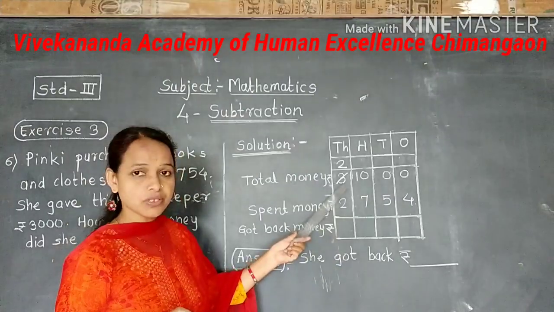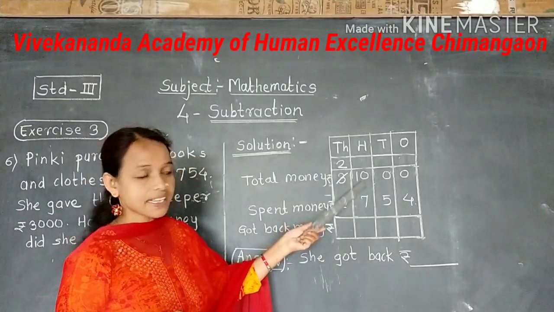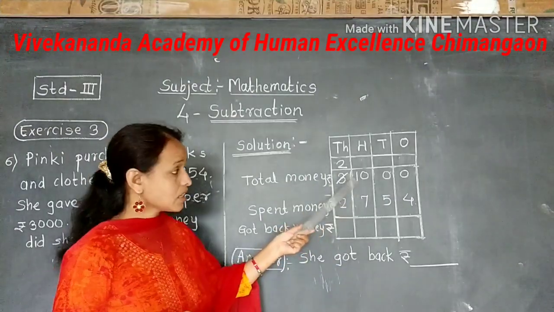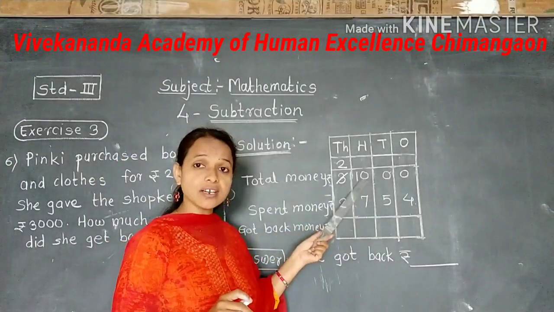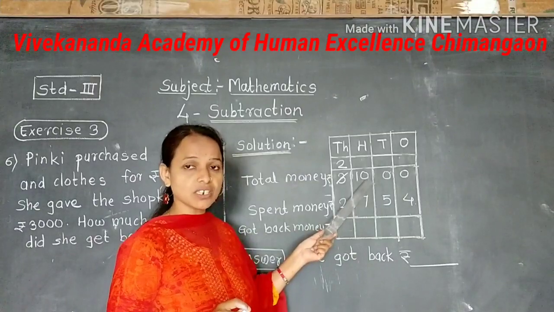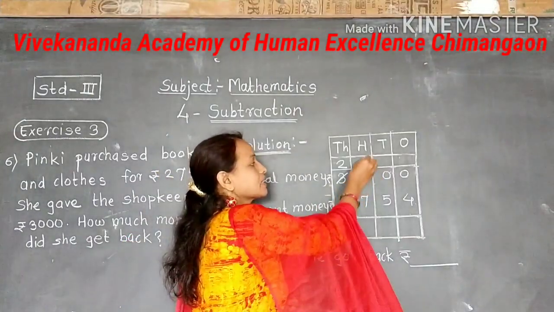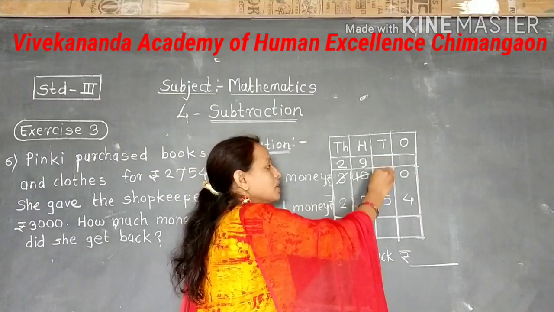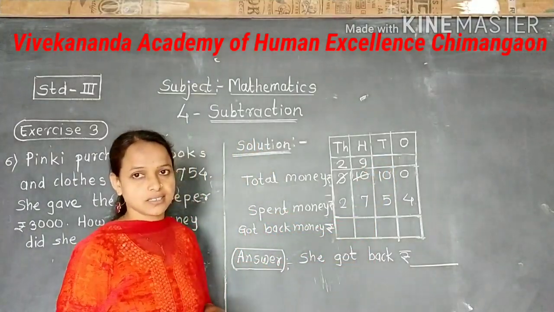So 3,000 regroups into 2,000 and 10 hundreds. Now again we borrow 100 from 10 hundreds. 10 minus 1 is 9, and the 0 becomes 10 tens.